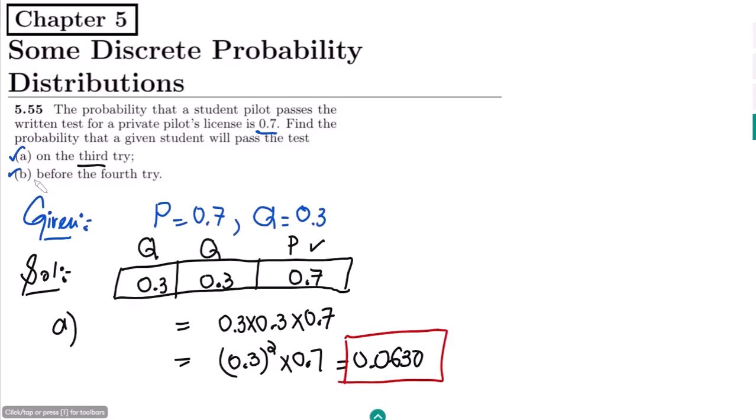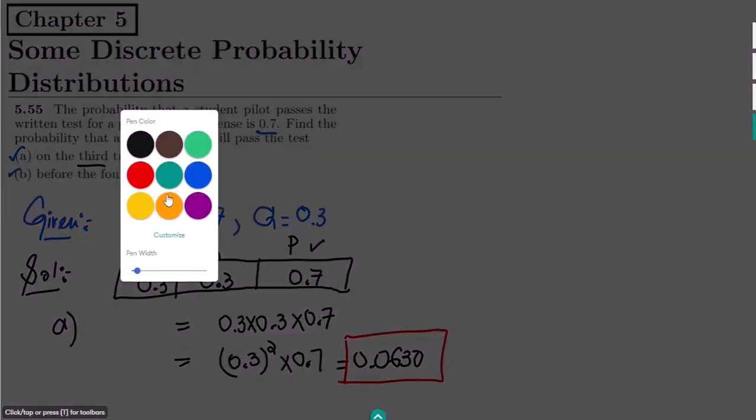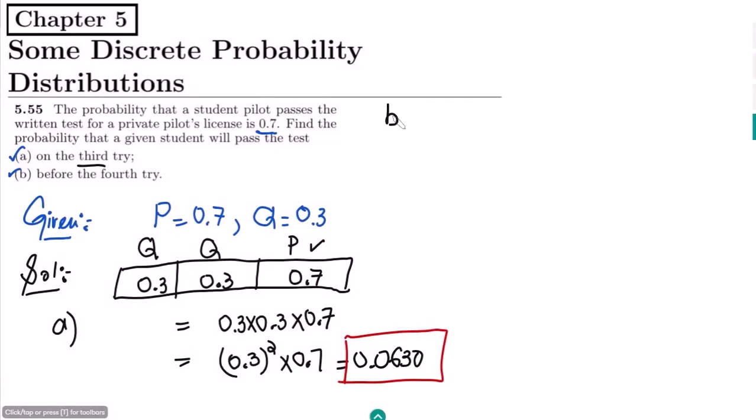Okay, in part B we are asked that a person will pass the test before the fourth try. Okay, what does it mean? That he has to pass the test before the fourth try. It means that he has to pass it on or before the third try.